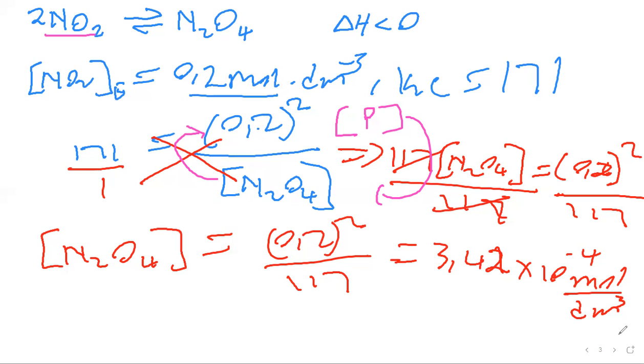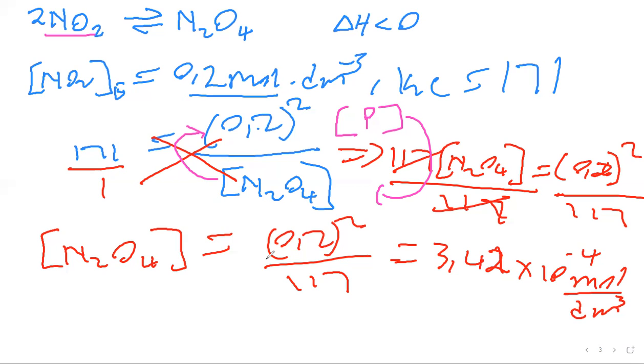We know that the formula is C is equal to n over V, so obviously n equals C times V. For my reactant first, for NO2, n is equal to C multiplied by V. My concentration is 0.2, my volume is 0.08, and my final answer is 0.016 moles for my reactant. So I place it here as well, 0.016.